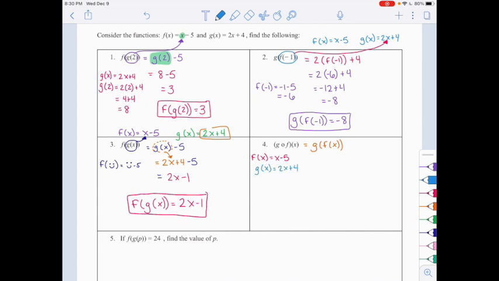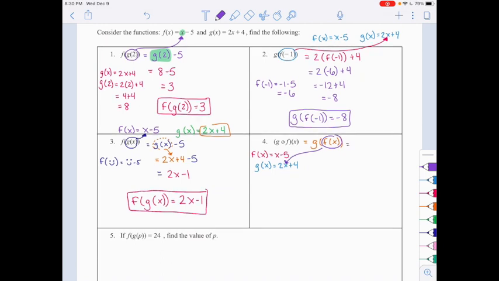equals 2x plus 4. So here I'm going to take f, what my function f is, and put it in place of x in g. So I'm going to have 2 times f of x plus 4. Now I know f of x is x minus 5. Then I'm going to bring down my plus 4.